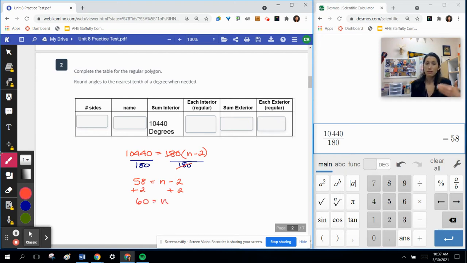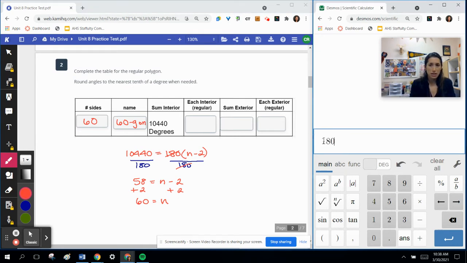If we think about it, 60 sides would have 58 triangles in it. So we would call this a 60-gon. If you wanted to, you could check: if I took 180 times 60 minus 2, that gives me back that original answer.